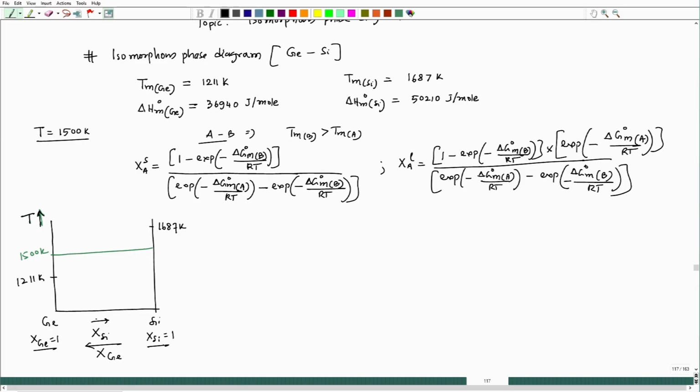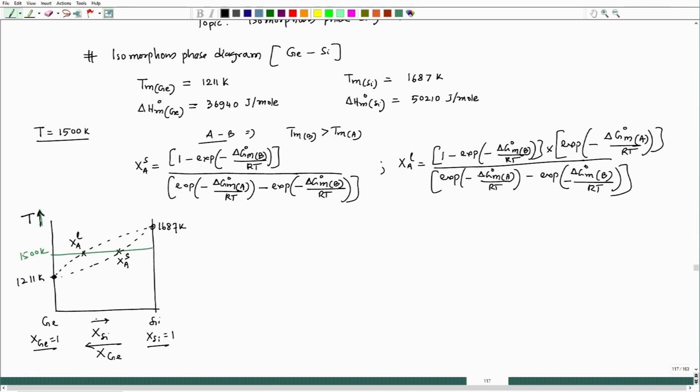These are the two pure sides. So, we should get a composition around here and around here. This is X A liquid and this is X A solid. That is what we get, and this is one extreme point, another extreme point is this. In fact, if you do all other temperatures between 1687 Kelvin and 1211 Kelvin, you should get a curve like this, and that would give you the isomorphous phase diagram.